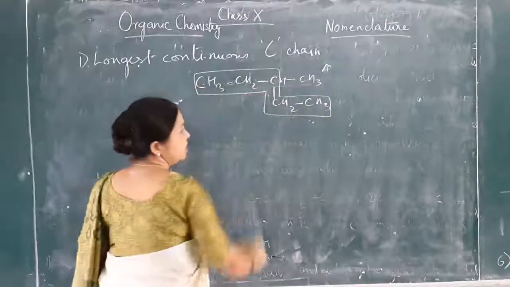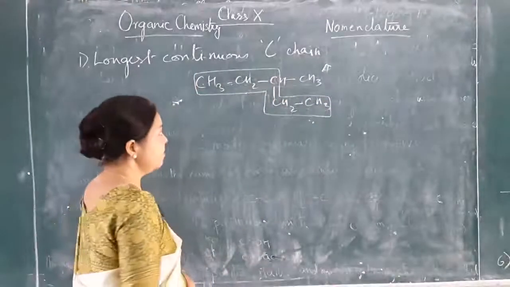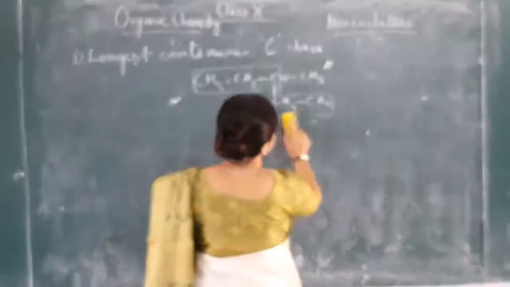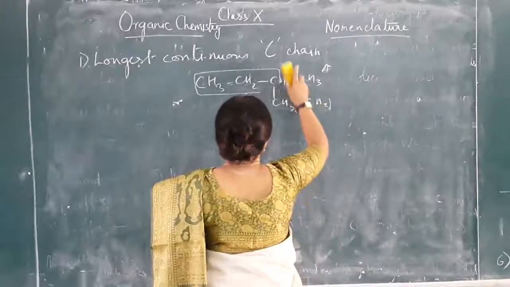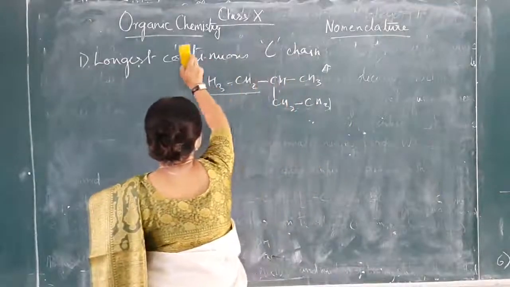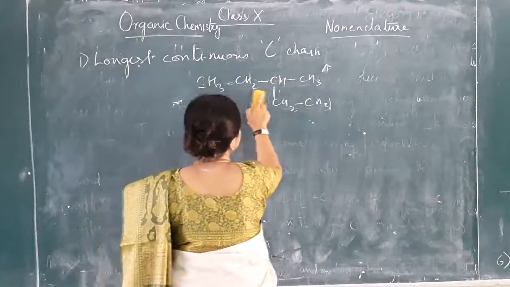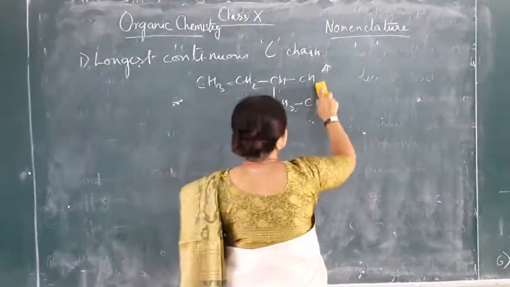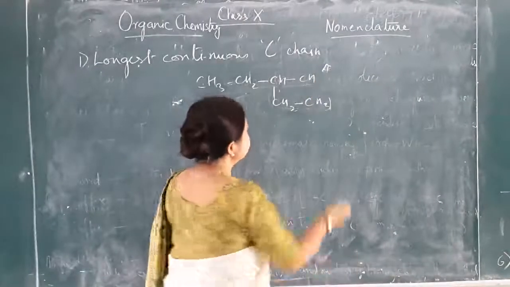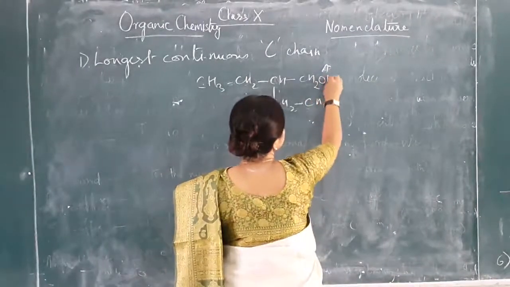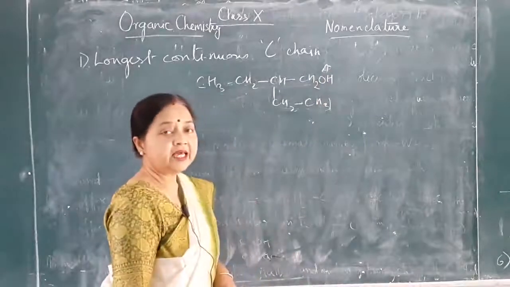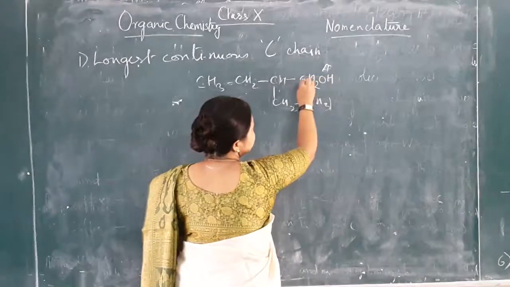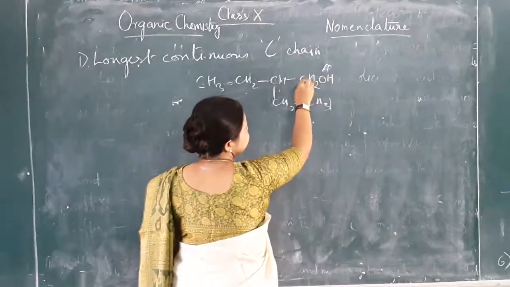This is the longest continuous chain. Now, if the chain contains a functional group or an unsaturation, then the longest continuous chain must include that functional group or unsaturation. Suppose instead of CH3, it is CH2OH. Then this carbon atom has to be included in the chain.